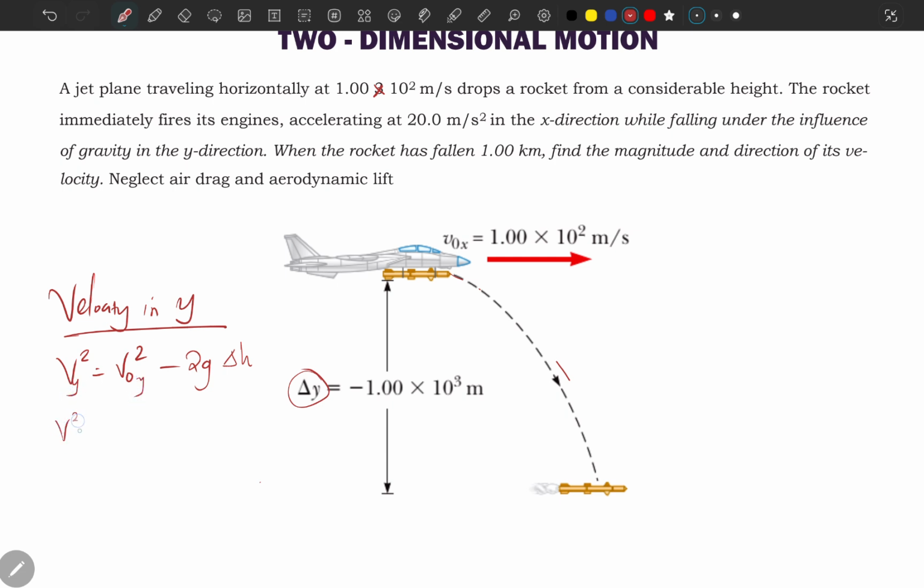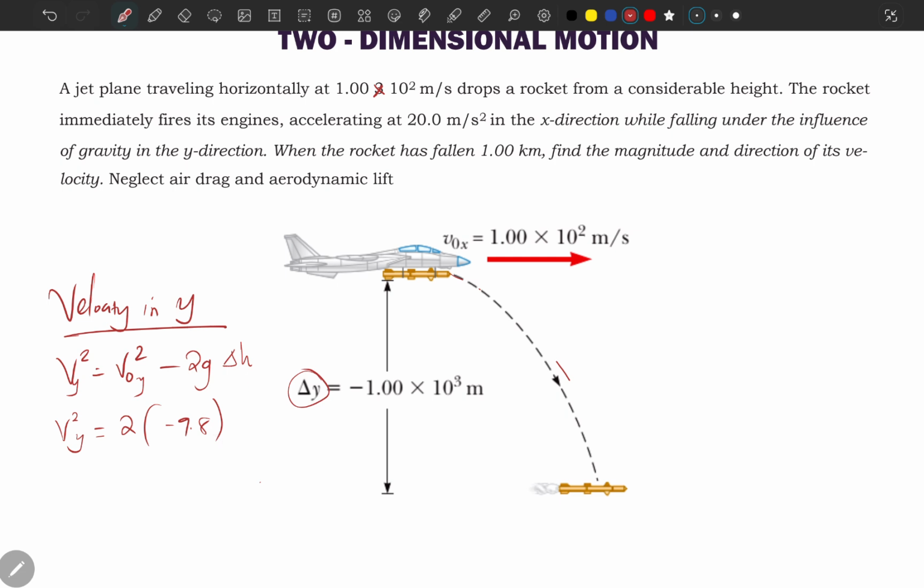So we have velocity squared in the y is, of course, what's the initial velocity in our case? It's 0, because this guy is actually starting from rest. Then we have negative 2 times gravity, which we know is negative 9.8.